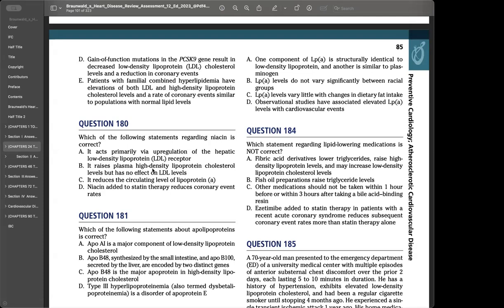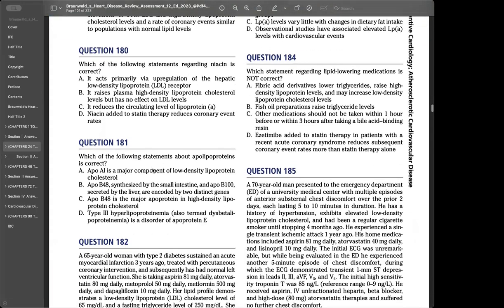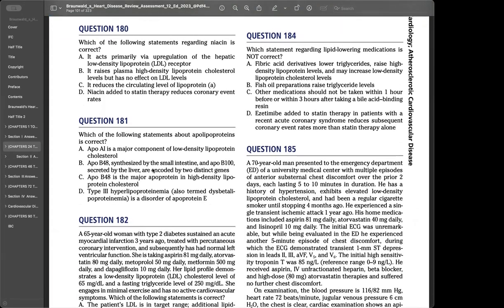So for this question, the wrong statement is option B, which talks about fish oil preparation raising triglyceride levels. I don't know if there's any question or clarification.